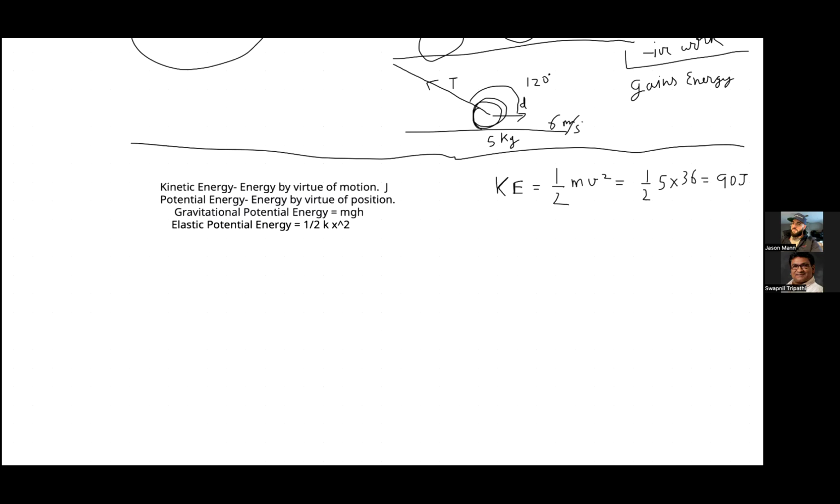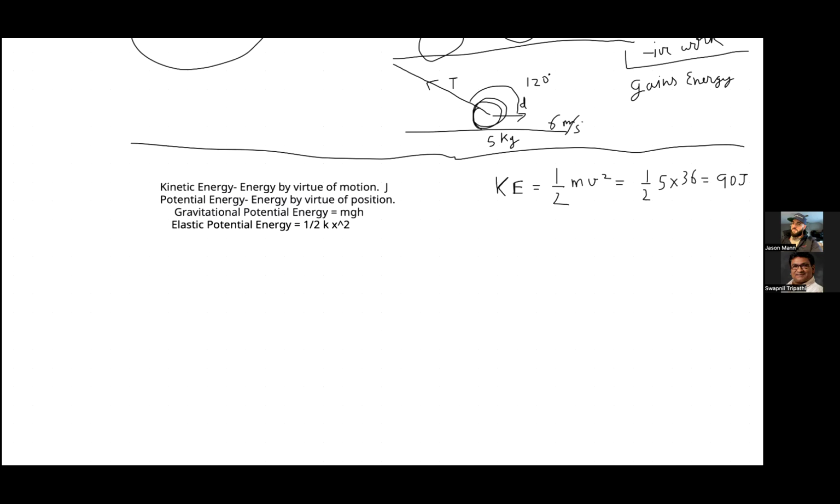Then elastic potential energy. Elastic potential energy is stored in something that is elastic, like a spring. So suppose a spring gets compressed. We need to know the spring constant. Let's say the spring constant is 200.